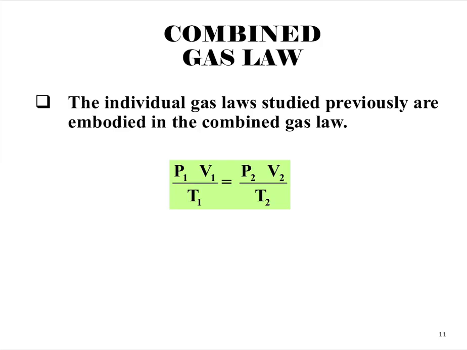We had Boyle's law, P1V1 equals P2V2. We had Charles' law, V1 over T1 equals V2 over T2. And then we also had Gay-Lussac's law, which said the pressure and temperature are directly related.